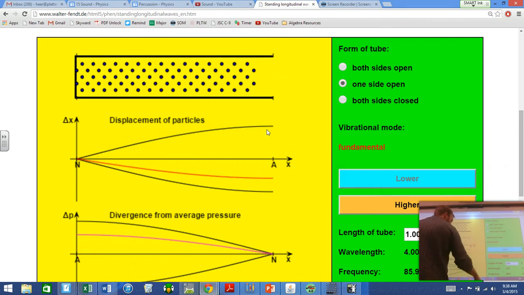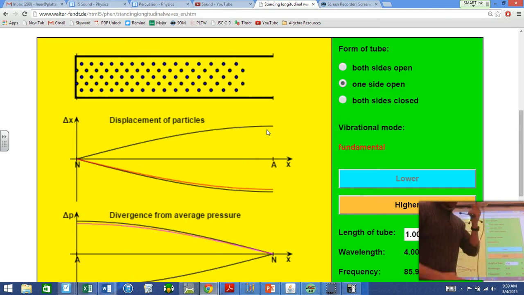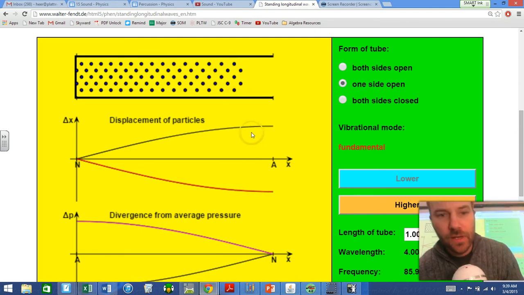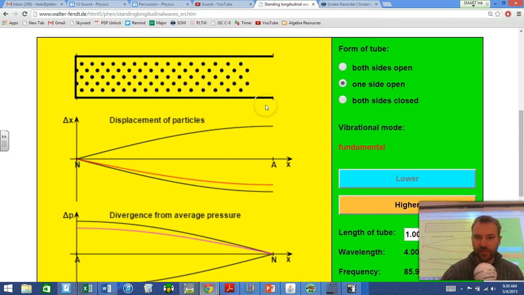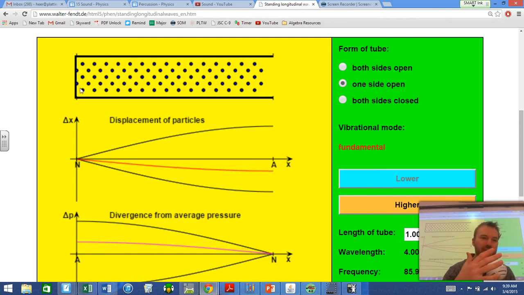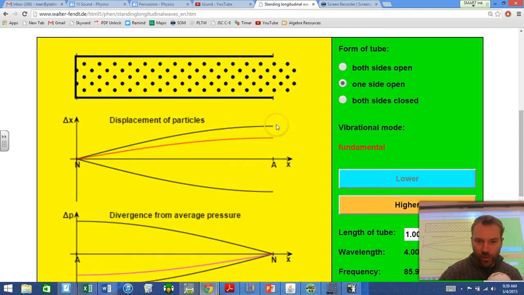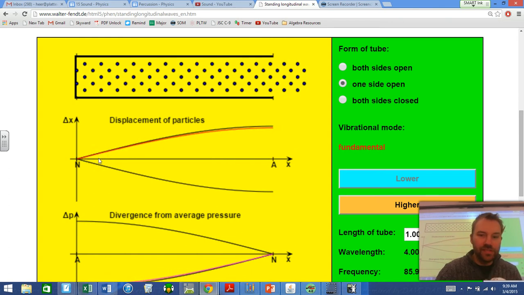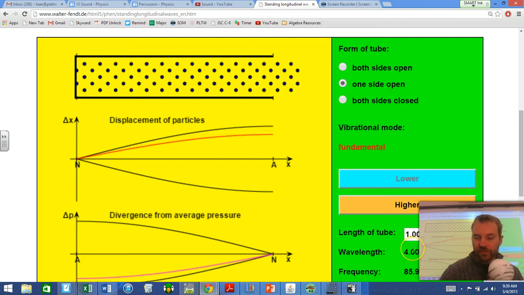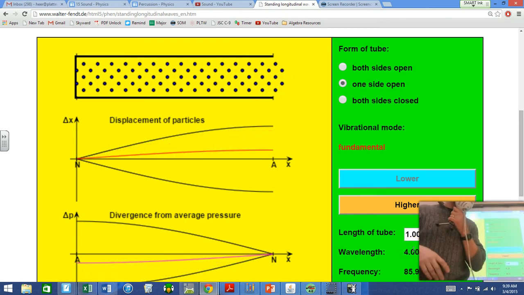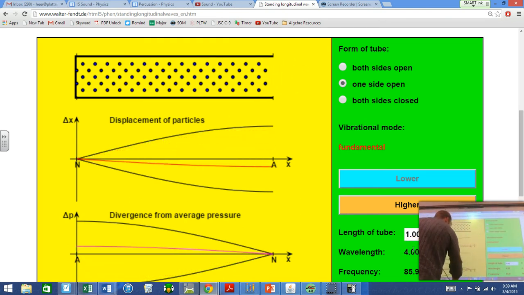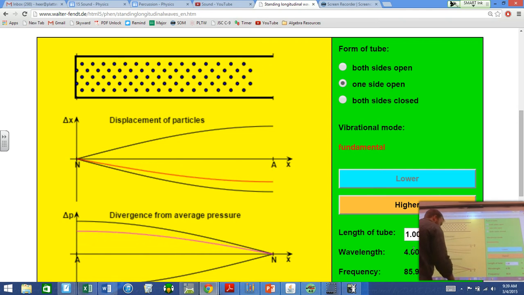This tube right now is 1 meter in length. So if this whole thing is 1/4 of a wave, the whole wave is going to be 4 meters. That's where you see the wavelength of 4 meters. You can predict the frequency using the equation velocity equals wavelength times frequency.